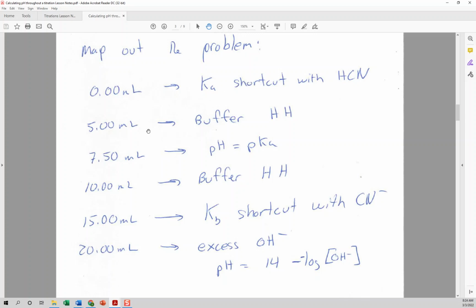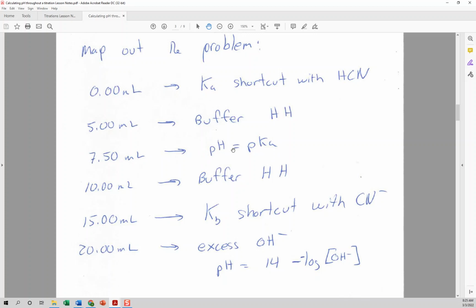Okay. Anywhere between the start of the titration and the equivalence point, we're in the buffer zone. So 5 milliliters, 7.5 milliliters, and 10 milliliters added is in the buffer region. So I'm using the Henderson-Hasselbalch, but remember our little shortcut for the midpoint of the buffer region, the half equivalence point, pH equals pKa.